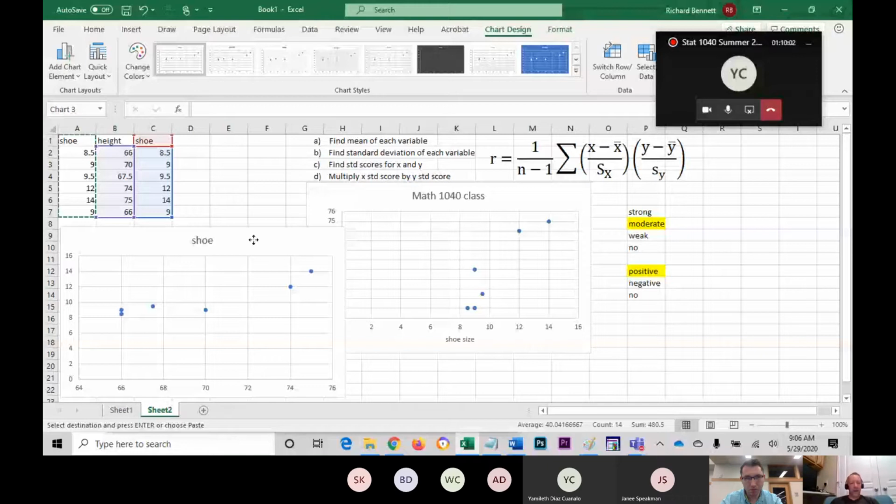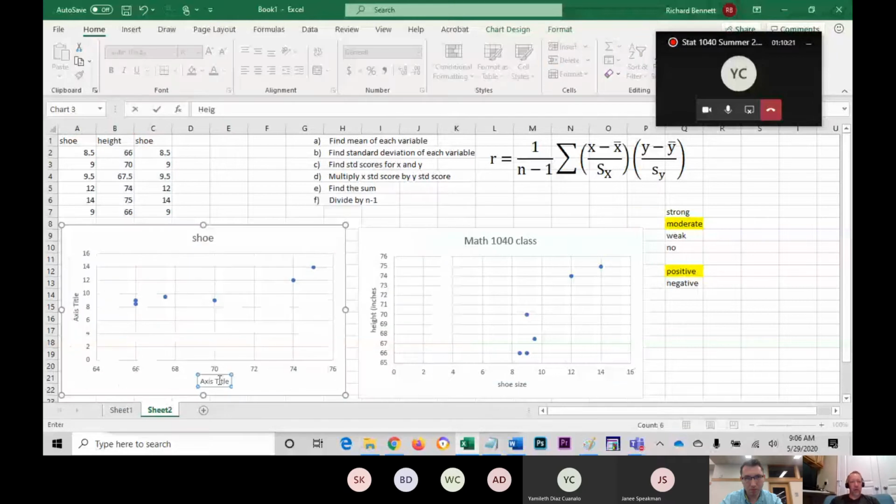Okay, so now we've got height in inches, and you've got shoe size here. And this is also math 1040 class.